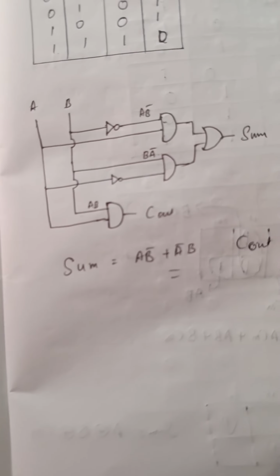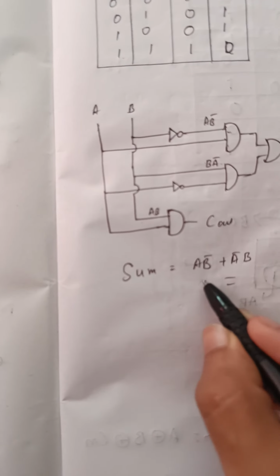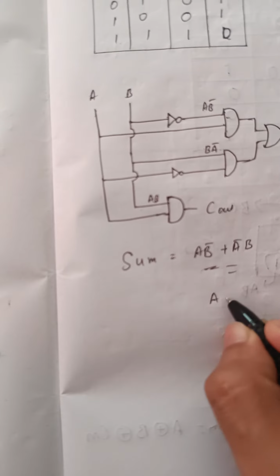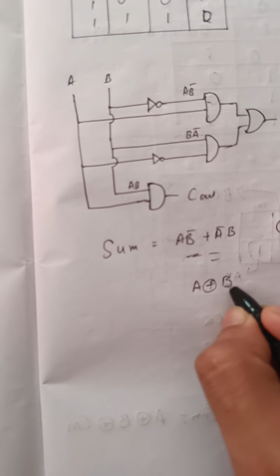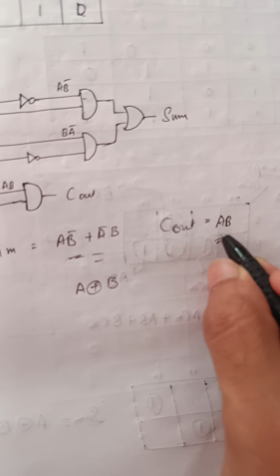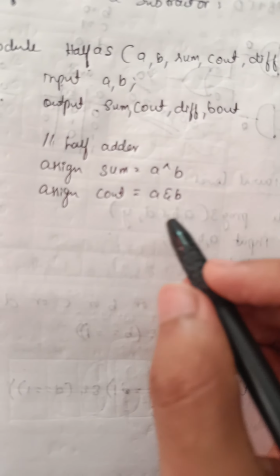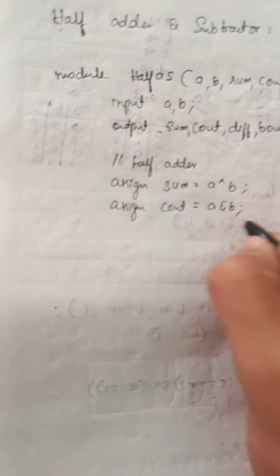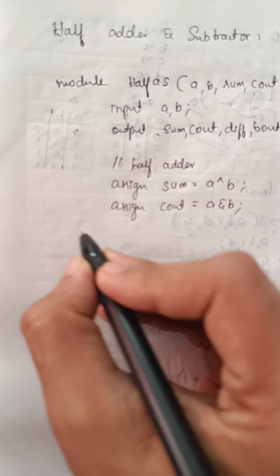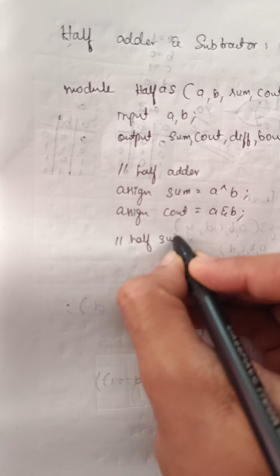Here this can also be written as a XOR b, and this carry out is ab, that is written here. Semicolon.